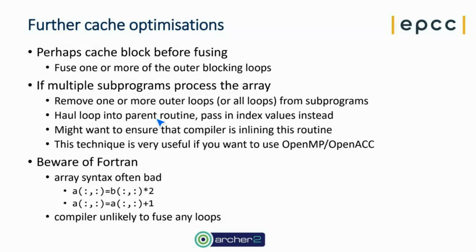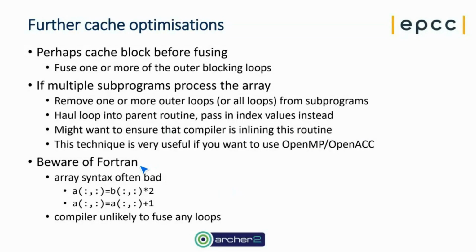I'm going to show an example in a minute. And then maybe we should ensure that the inlining is being done. So this can be useful, particularly if you want to use directive-based programming, like OpenMP or OpenACC.